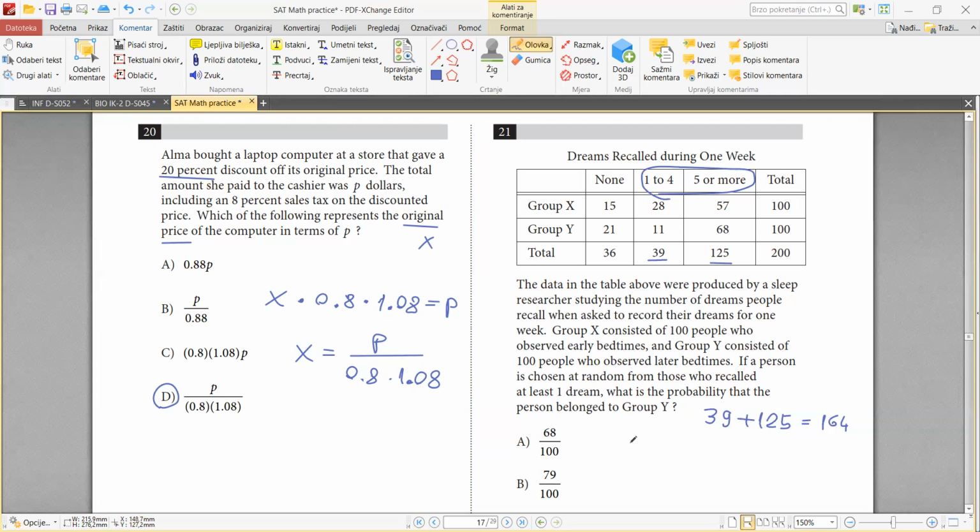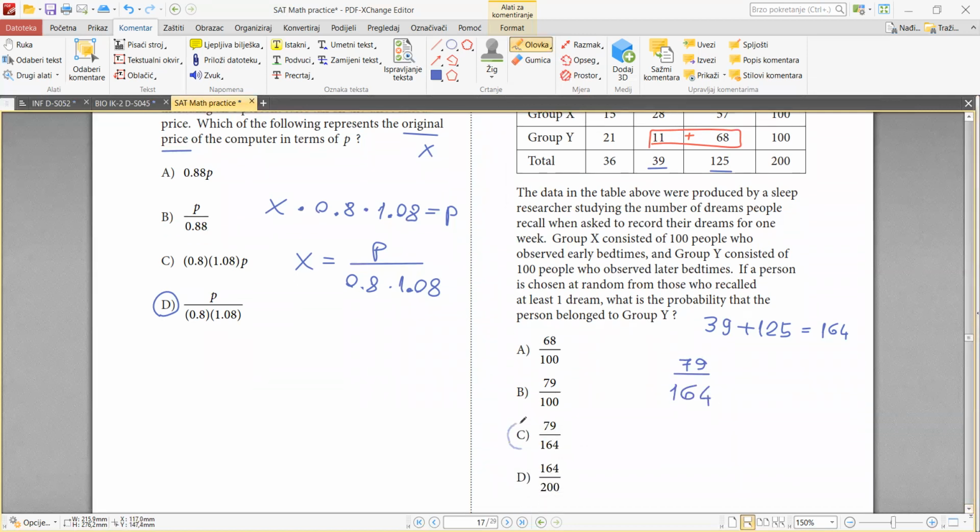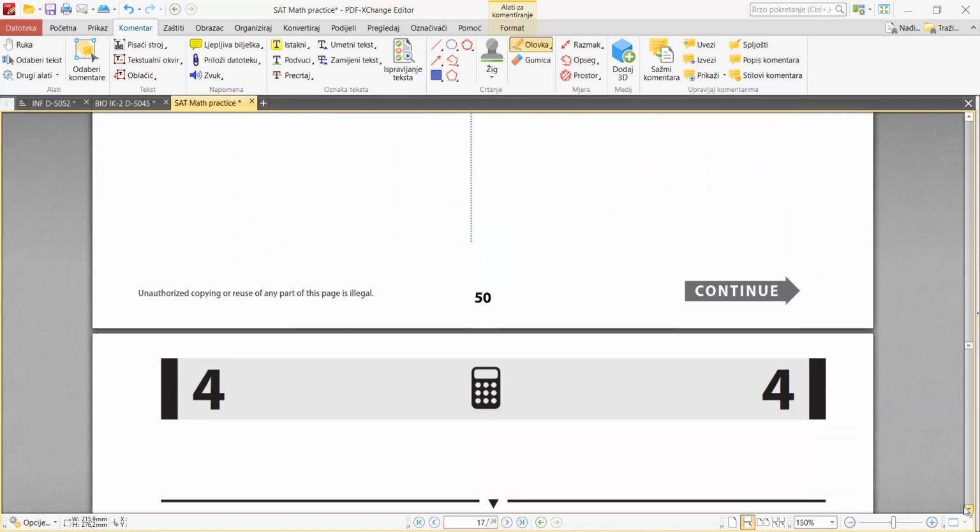Probability that the randomly chosen person belonged to Group Y is then this amount here. So 79 over 164. And this would be our answer here, C.